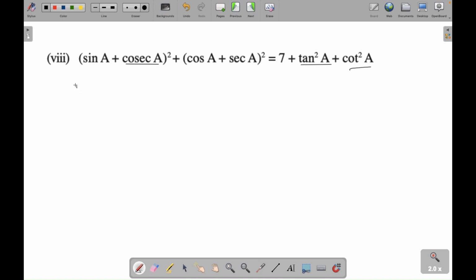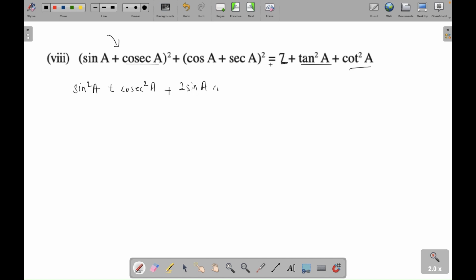So we'll write sin square a plus cosec square a plus 2 sin a cosec a. If you expand this, you should also get a term like sin a cosec a. But sin a and cosec a are opposite of each other, so that gives you 2.